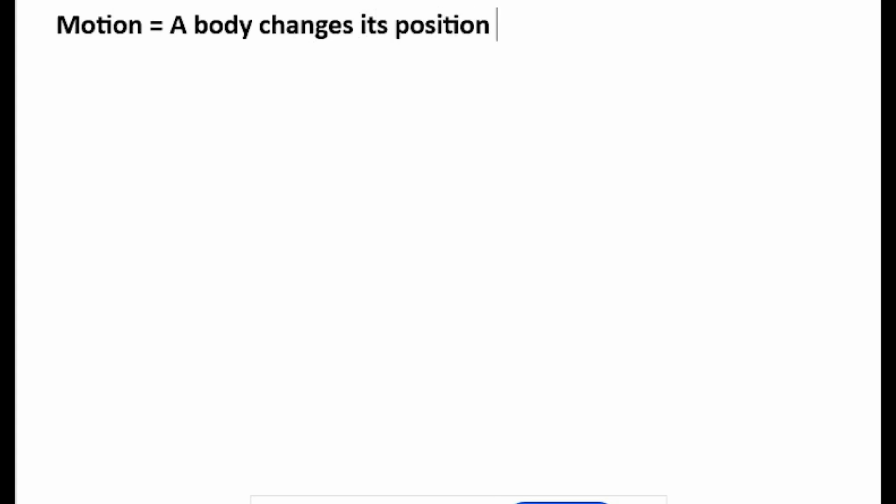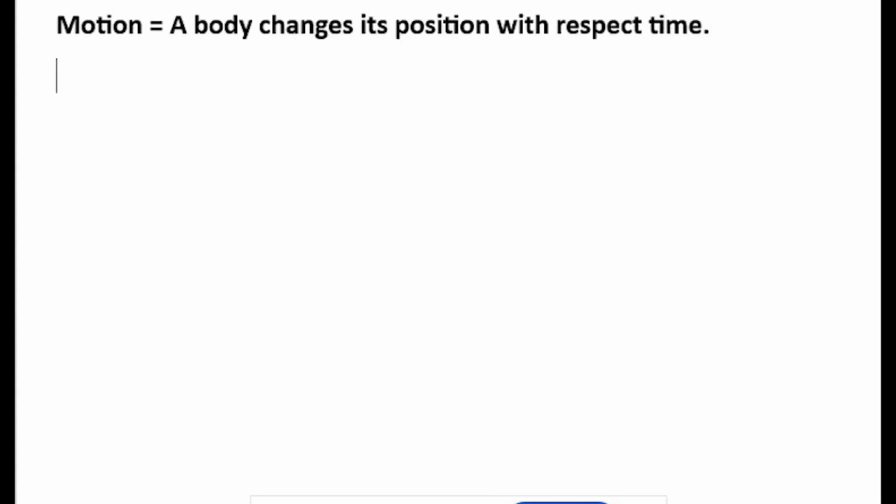So first we said, what is motion? Motion means a body changes its position with respect to time. At different times, it will be in different positions. And rest means a body does not change the position with time.